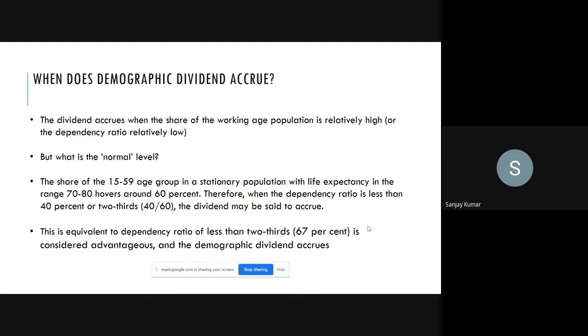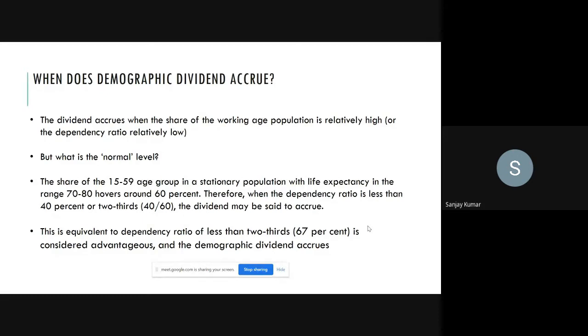There is a cutoff point here, which is 67%. When our dependency ratio comes down below 67%, that's the time when we say, okay, now we have a lot of dividend accruing for us.